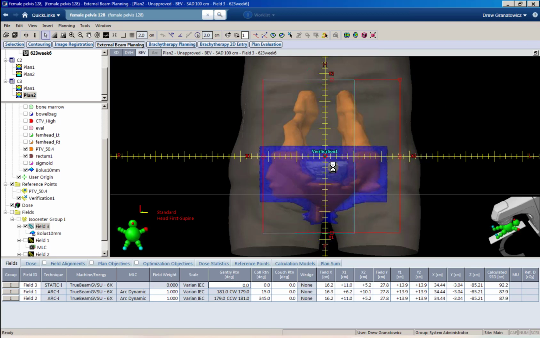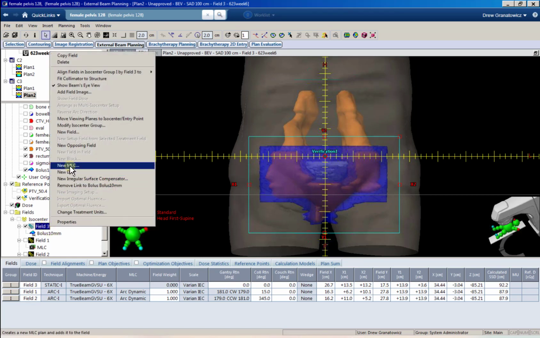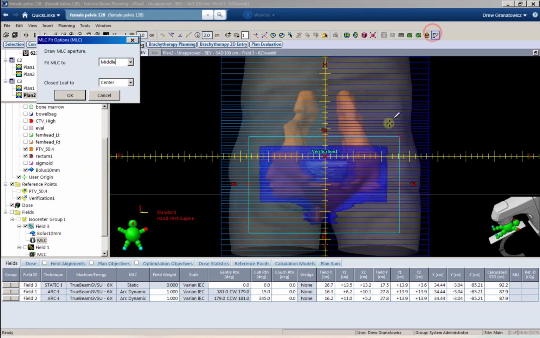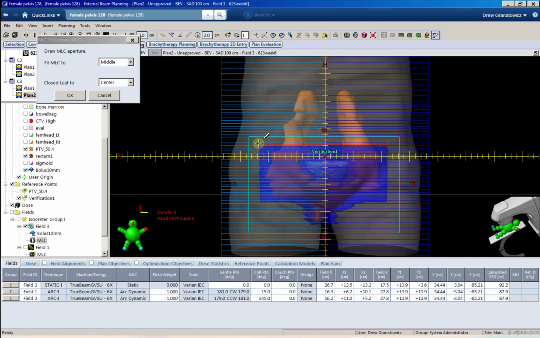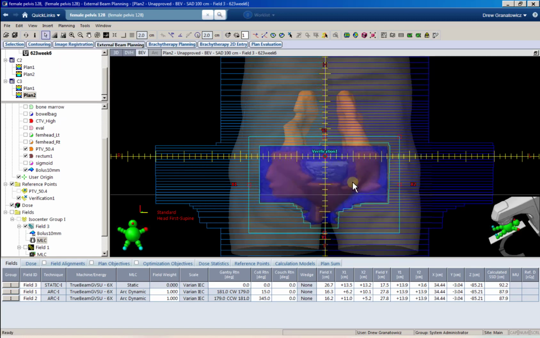But now what we can do is add MLCs to this setup field and then trace the outline of our bolus. Something like that. You can use your jaws too if it's in between your MLCs. So something like that.